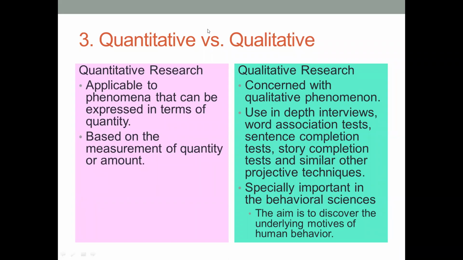But if you want to find how much, the threshold value, how much is there, then it is quantification. So these two again have opposite relationships. Qualitative research can be based upon interviews, story completions, projective techniques.